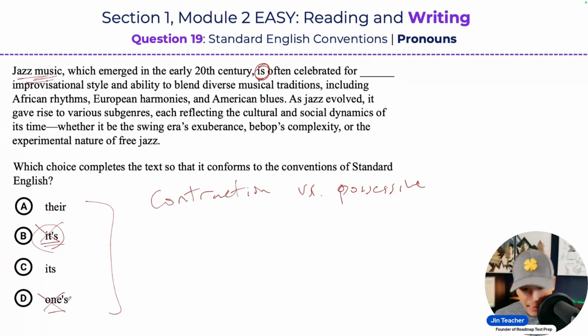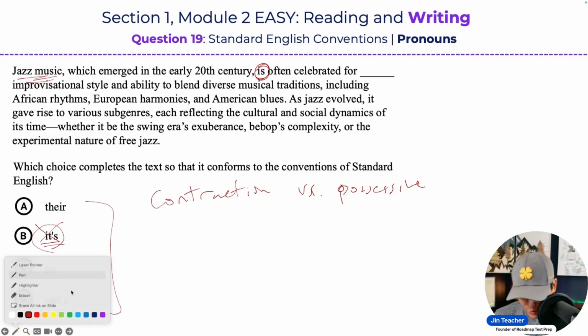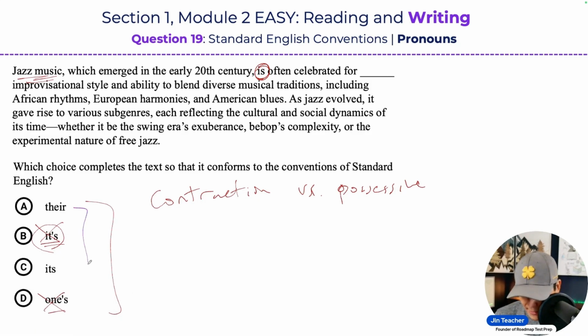Next, should the pronoun be singular or plural? We know that THEIR is the plural possessive and ITS is the singular possessive. So how do we figure that out? Well, we just read the passage and try to understand what noun this pronoun refers to. So whose improvisational style are we talking about? The logical answer to that question is jazz music.